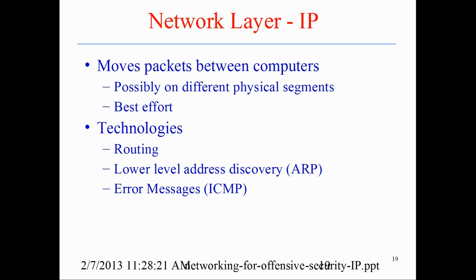So the next layer, the network layer, we're going to focus on IP, and it's concerned with moving packets between computers. It makes a best effort to do it, and it uses effectively different segments of the IP address to do the routing across different networks, across autonomous systems, and effectively across the world.